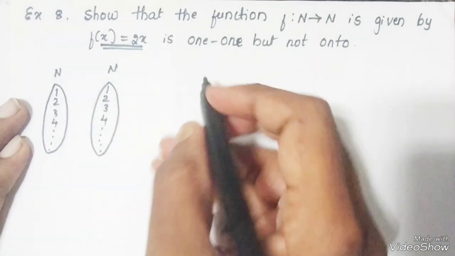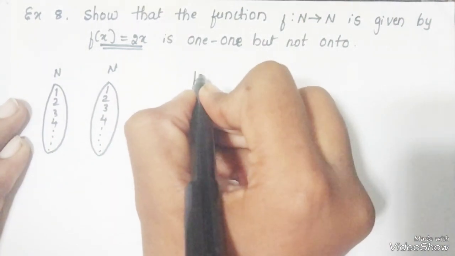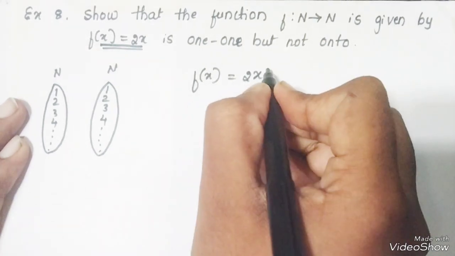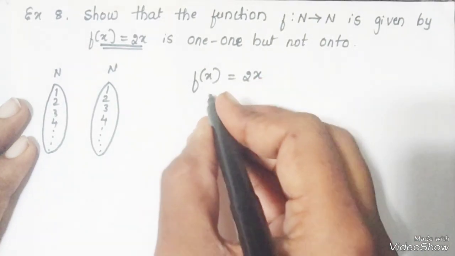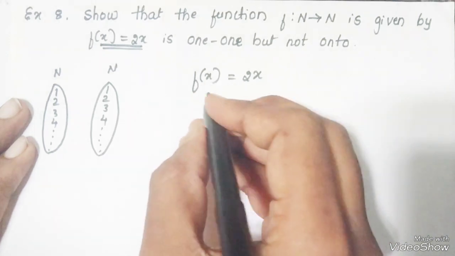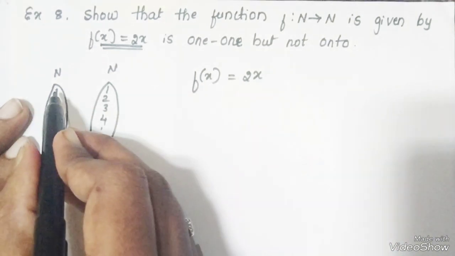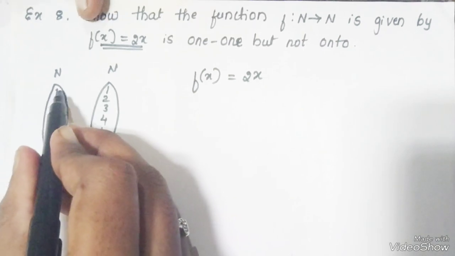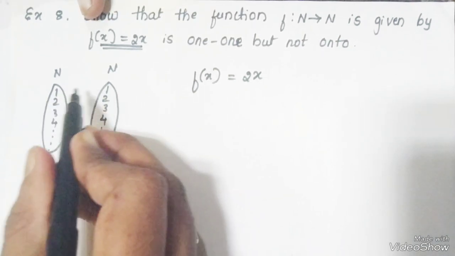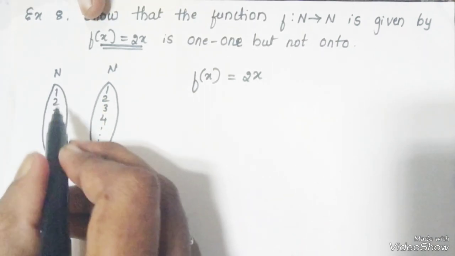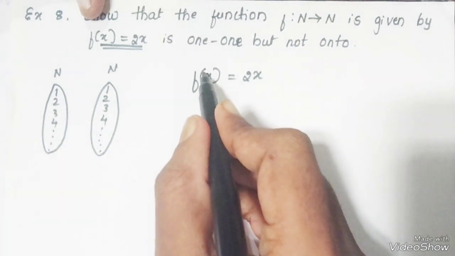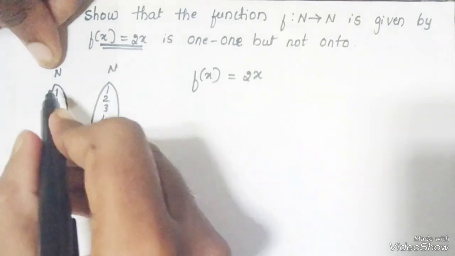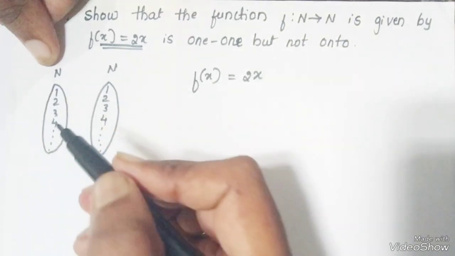Check now. Consider the function f of x equals 2x. First, checking the one-one function. For the one-one condition, x means the elements in the domain.